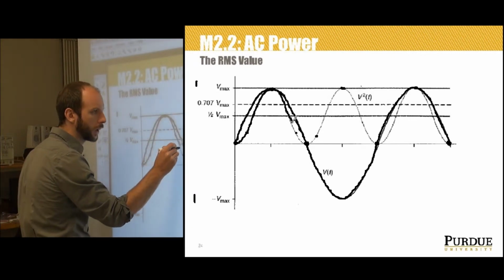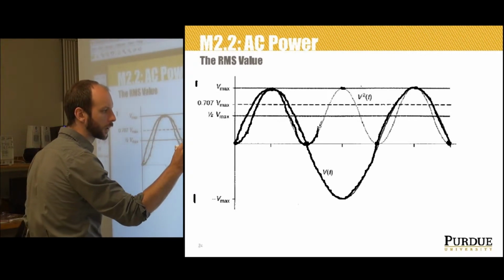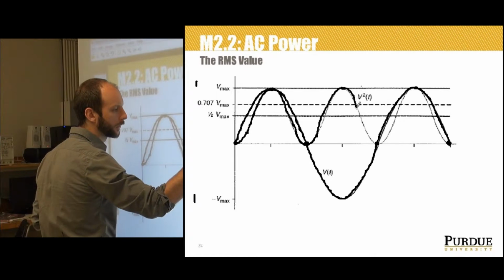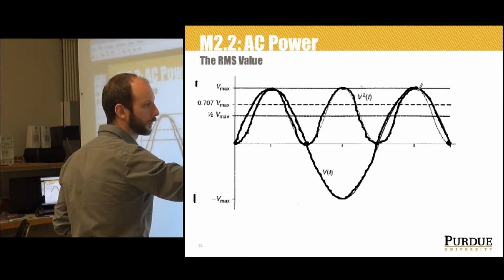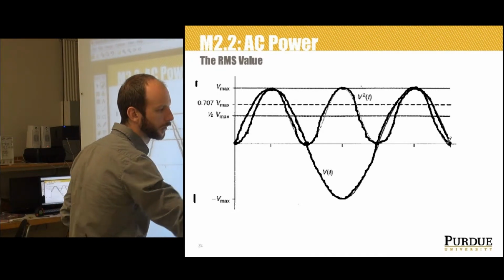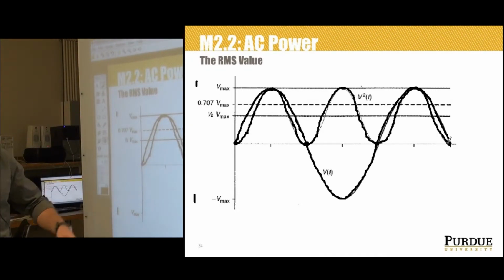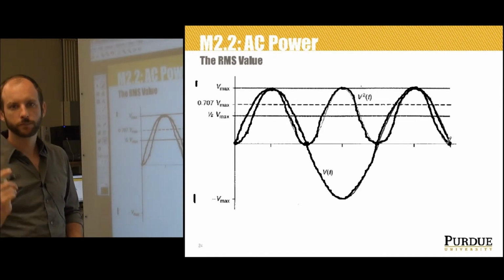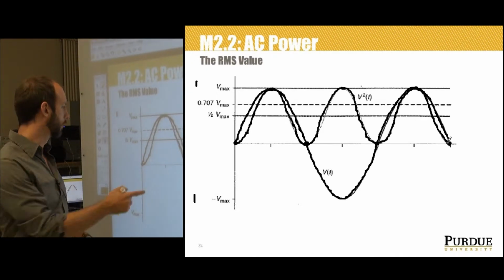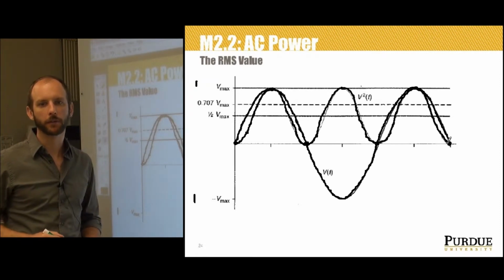So V squared of t is going to be all positive, and it's no longer a sine wave. It's a little bit steeper. It kind of looks like a sine wave, but it isn't actually one. So those are the two plots that we have there.